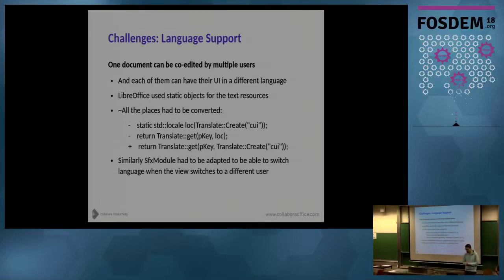So luckily, in most cases, it was just a matter of changing the static locale into getting the locale again and again, when the view was switched. Similarly, the SFX module had to be adapted very similarly, because again the locale there was cached, but not using static, but as part of the object.